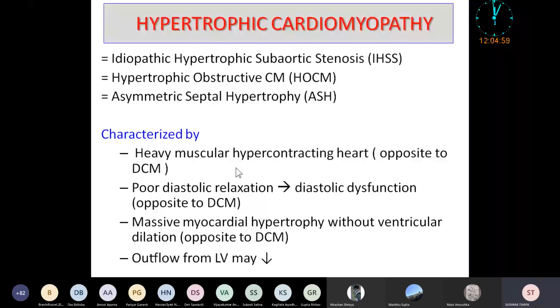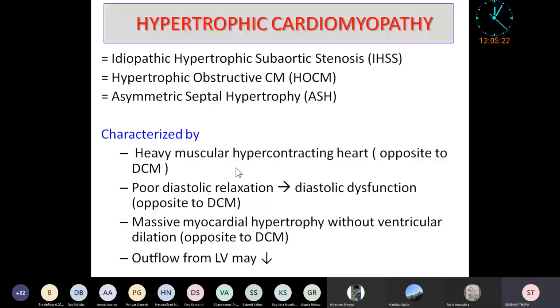These are all depending upon the etiological factor, what the etiology is which is leading to hypertrophic cardiomyopathy. So accordingly, the name has been given.